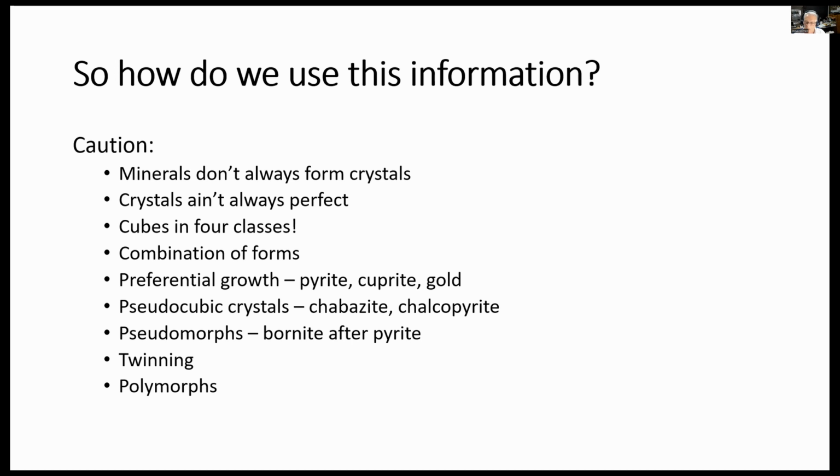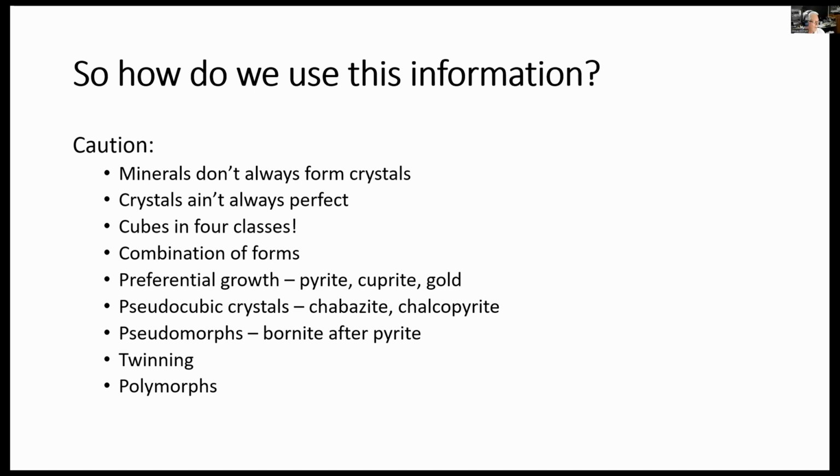We've got the cubes in 4 of the classes. So how would you determine which one other than the pyrite striations? We've got combinations of forms which make it different. Preferential growth, such as on pyrite, cuprite, the chalcopyrite that Paul mentioned. Gold, you'll see elongated gold crystals as well. Pyrite you can have thin and narrow, and basically what's happened there is preferential growth on one of the axes.